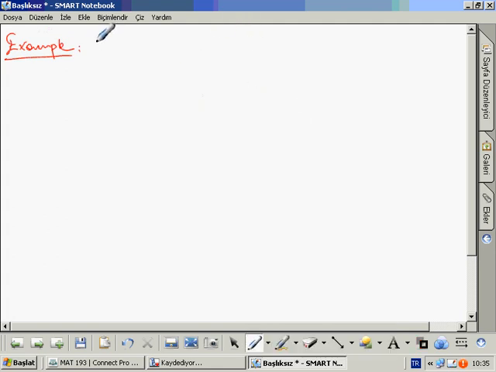Example again. Evaluate the integral from 1 to e of x cubed times ln x square del x.